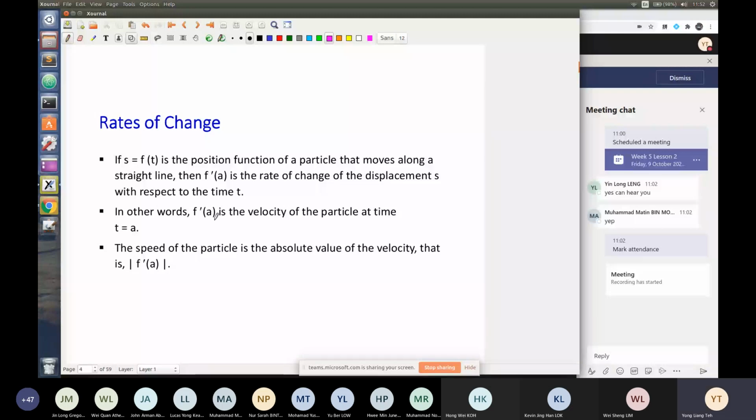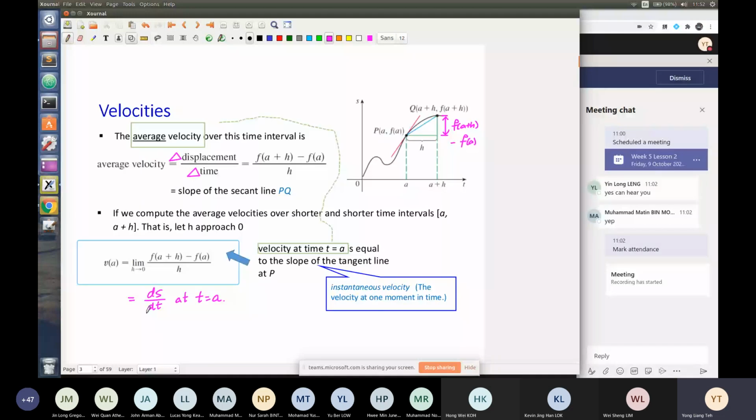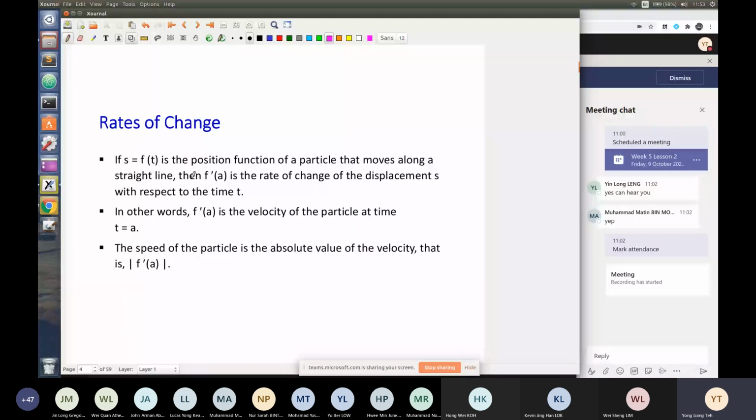So this is what I just mentioned. This ds dt here is in short given as s prime t. So therefore, they use F prime here to represent it.